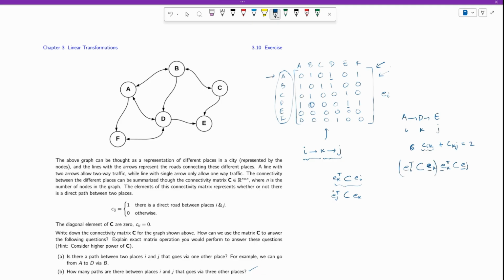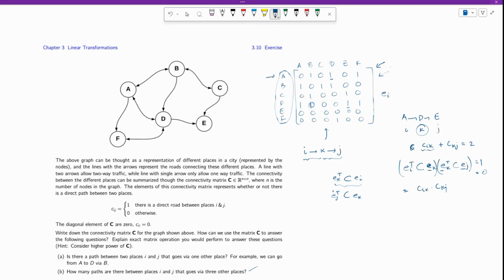If I do this, that is equal to multiplying the two of them. So this will be Cik multiplied by Ckj. If this is equal to 1, then there is a connection. If this is equal to 0, then there is no connection. This is if you have a specific K.